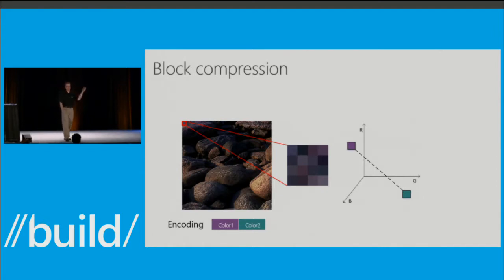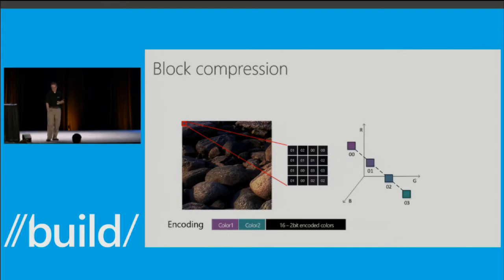And we're going to encode those as 565. So we already went from 32 bits to 16 bits for those 2 values. And then we're going to linearly interpolate between them in RGB space so that we have 4 values. Then for those 16 pixels, using those 4 values, we're going to encode each one of them with 2 bits to get down to the final representation.